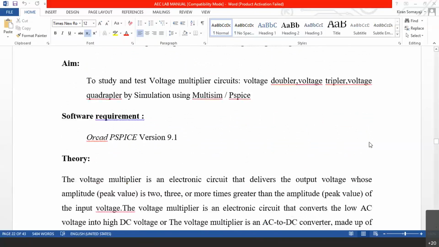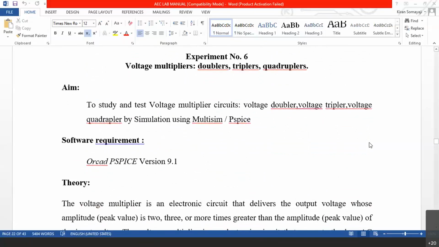Okay, so today's experiment is voltage multipliers using simulation. When we framed the syllabus for the AEC lab, I purposefully told the syllabus setters that these voltage multipliers, let it be a simulation experiment only. In fact, earlier when we had a hardware lab, we did not have the voltage multiplier experiment at all.